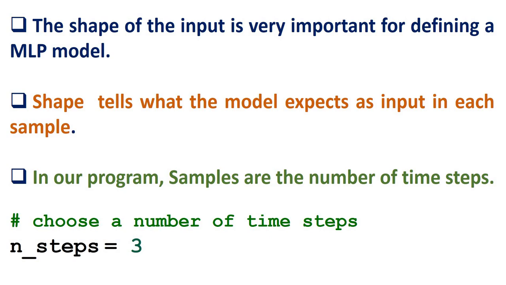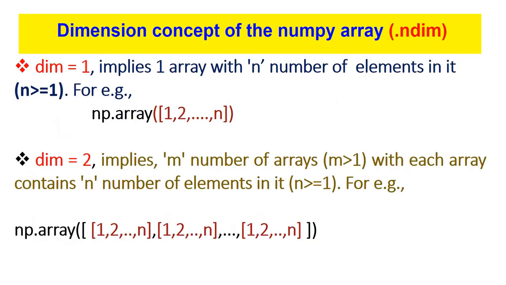In our program, samples are the number of time steps. Choose a number of time steps. In our case, let's take n steps equal to 3. This particular thing was earlier discussed in another video on data pre-processing.